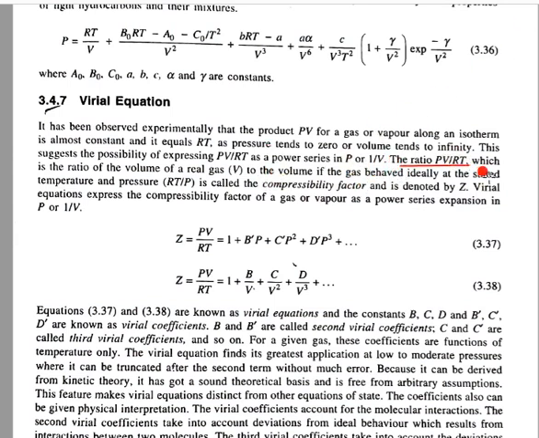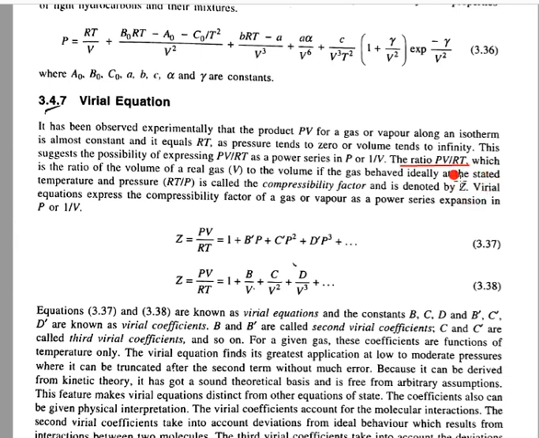It is the ratio of the actual volume of the real gas to the volume if the gas behaved ideally at the stated temperature and pressure, and it is denoted by Z.